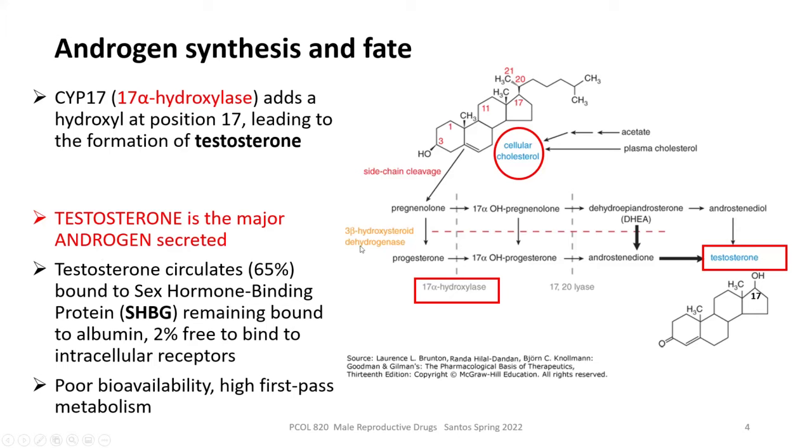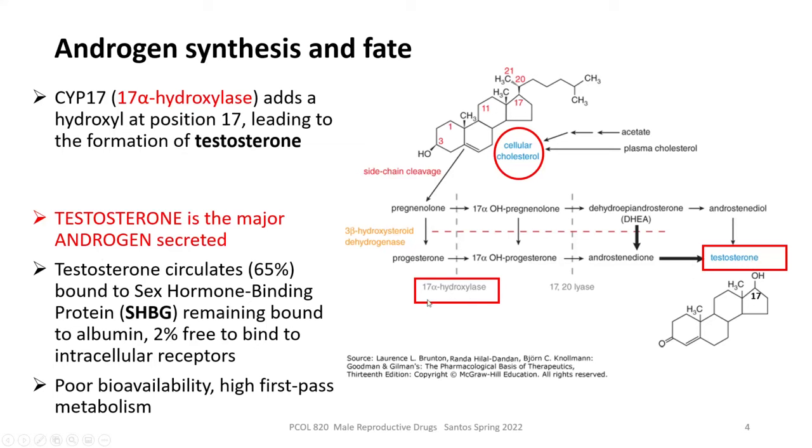And then that is transformed into testosterone by a sequence of two important enzymes, including 17-alpha hydroxylase, which transforms progesterone and pregnenolone, ultimately to the form of testosterone.